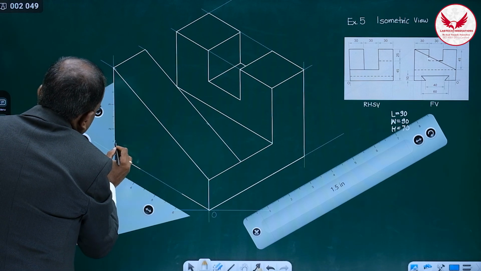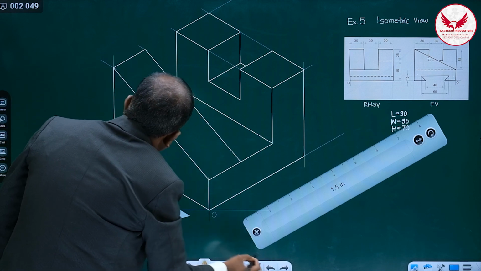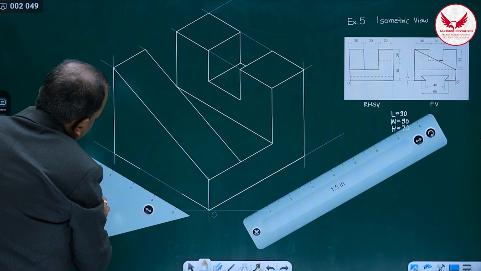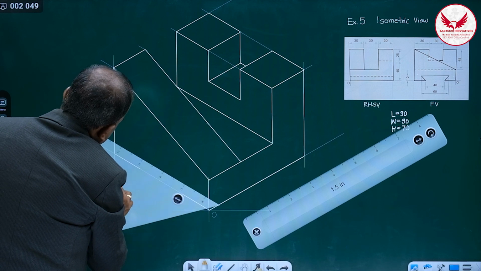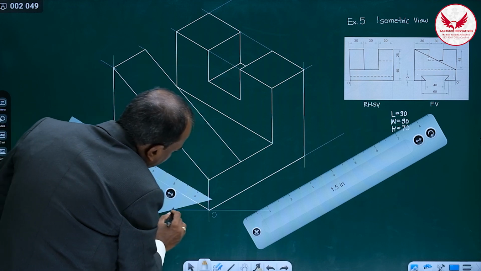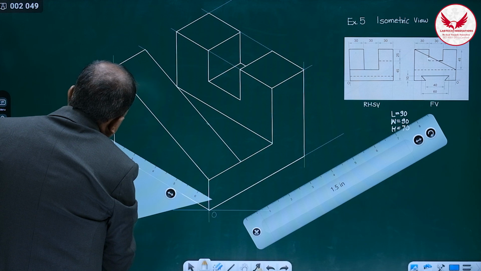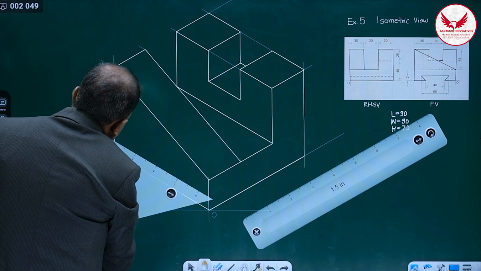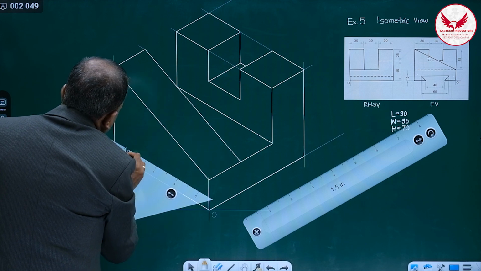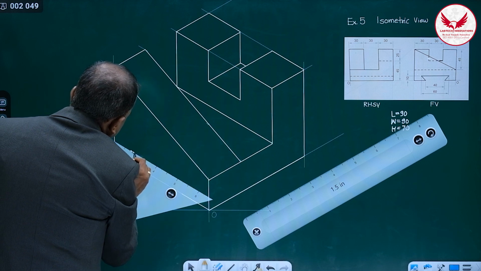First mark 10 mm. So it is 10. Once we mark 10, then from both the sides we have to leave a 15 mm gap. So 10, 15. Start the line from this.